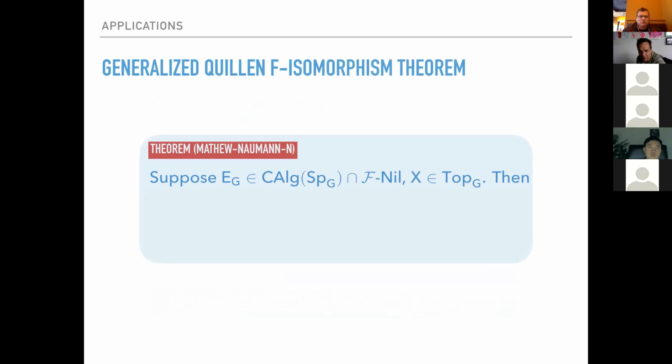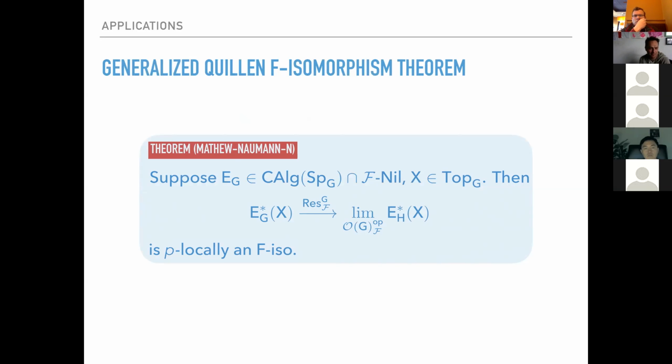But if I take a G space X, then if I look at this edge homomorphism from the cohomology of X to this limit over the H equivariant cohomologies of X for H in the family, then that map is P locally an F-isomorphism, which is roughly an isomorphism up to nilpotence. The kernel is a nilpotent ideal, of bounded order. We know what it is. And everything in the target, up to a P power, is in the image.